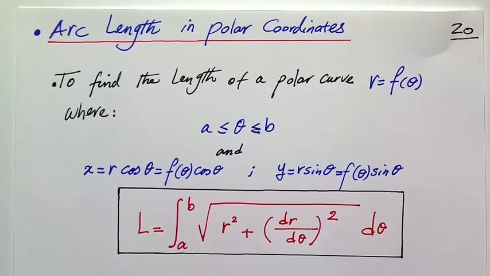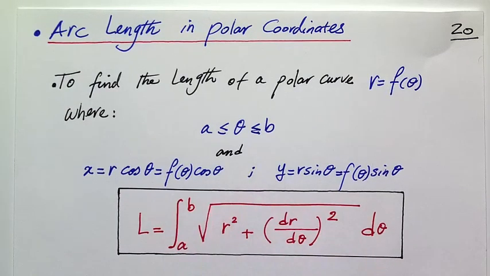Here we're going to calculate the arc length. We've done this before, right? We've done this when we had an equation with x and y involved. But we haven't done this when we have polar coordinates or polar equations involved. So this is about that.